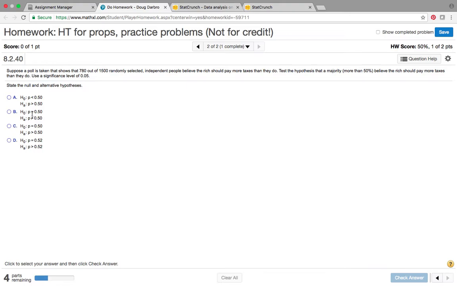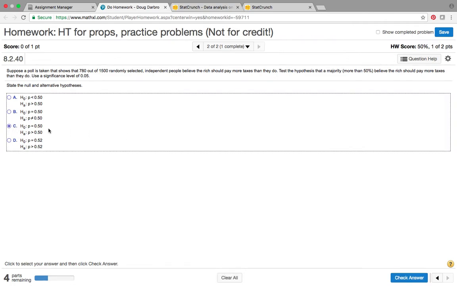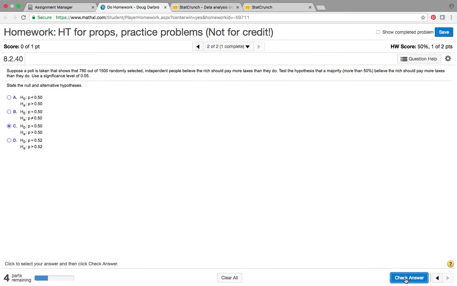So guys, remember, P always has to be equal to, so it can only be B, C, or D. And then we're testing more than 50%. So it looks to me like C has the equal sign in the null hypothesis. And since we're doing majority, greater than 50%, we would do the greater than in the alternative.